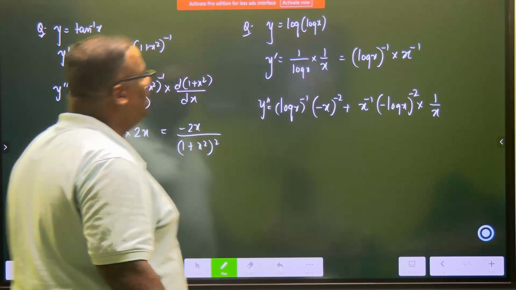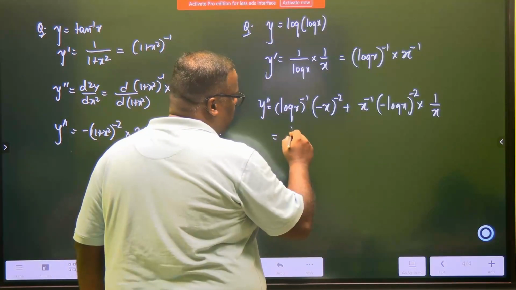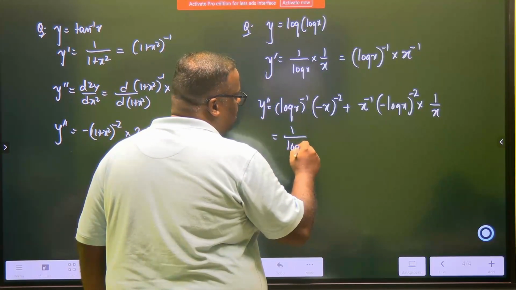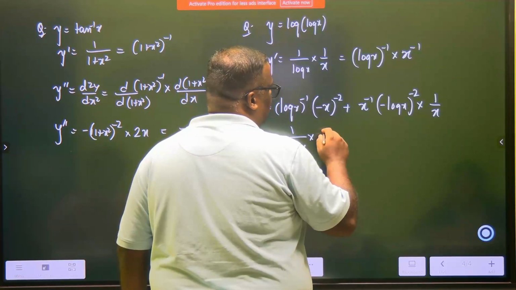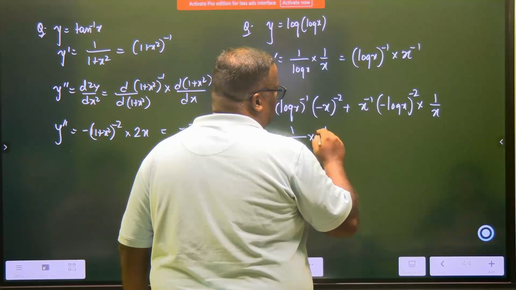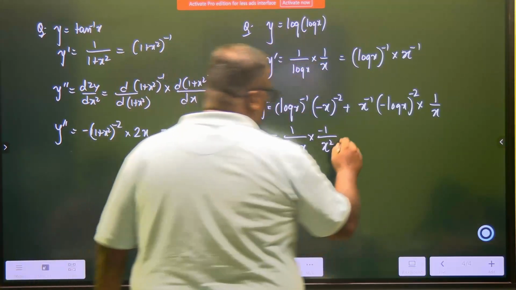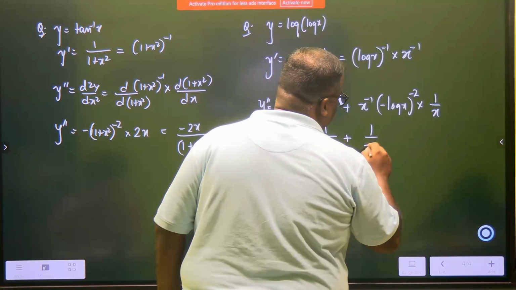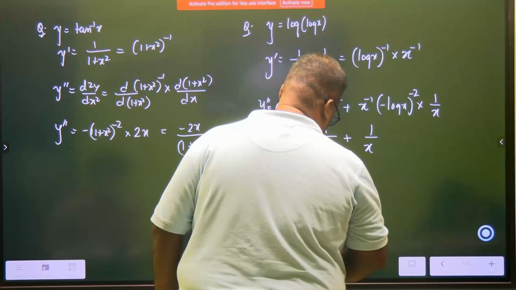Now let us clean this. How do you clean it? This fellow is nothing but 1 upon log x, and this fellow is being multiplied by minus 1 by x square. Very good. Then we have a 1 by x. Okay, x inverse and x, these two cancel each other actually.